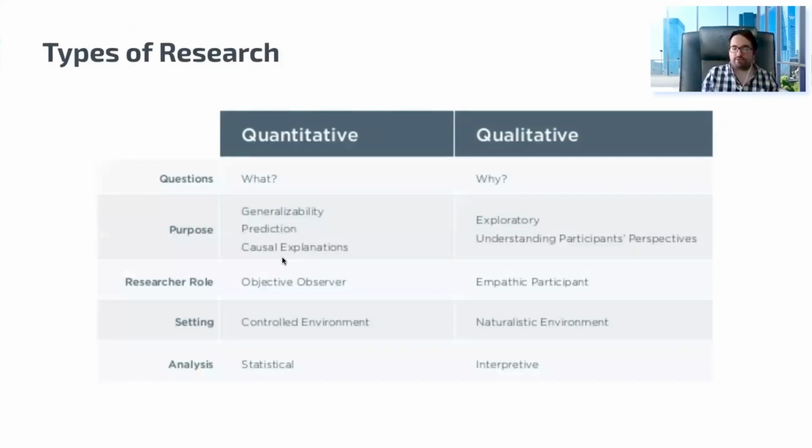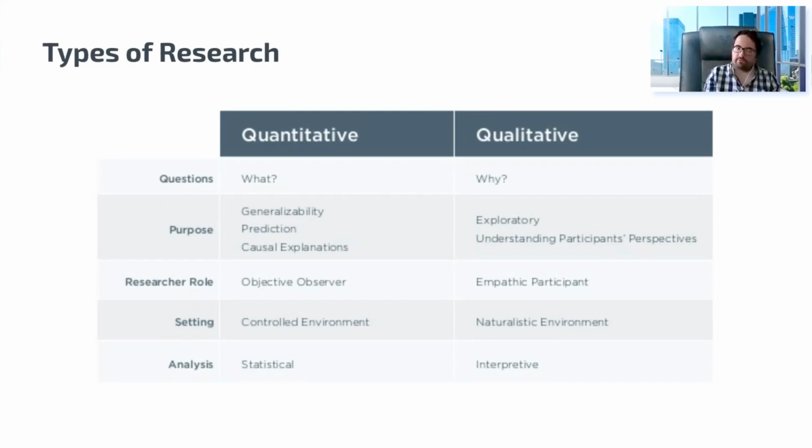In terms of research, which again, to me is the most important phase of all, you can have two types of research. Now, they divide themselves in quantitative and qualitative research. And they answer to very specific goals. So quantitative research answers the question of what or how many, right?